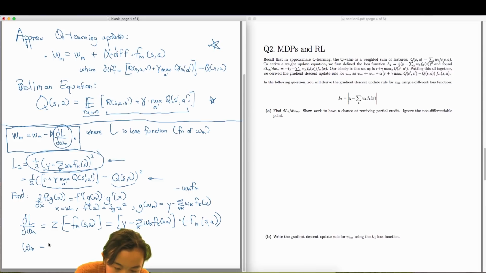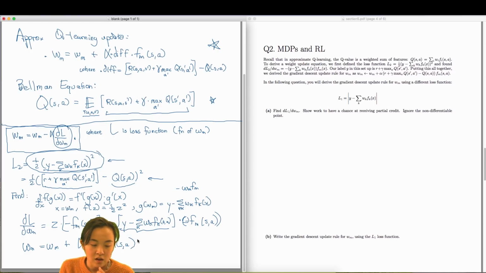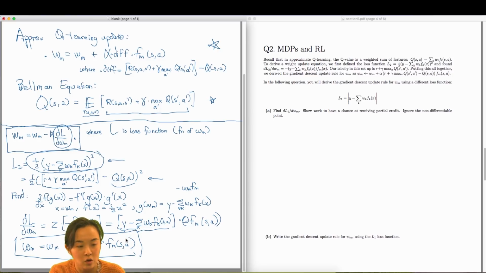So Wm is equal to Wm minus alpha, but it's actually plus, because let's just bring the negative out here, times, if you inspect it for a bit, this is actually just equal to difference, as we've defined it here, times f of m s a. And so we've derived exactly the update equation for approximate Q-learning, as we see here.